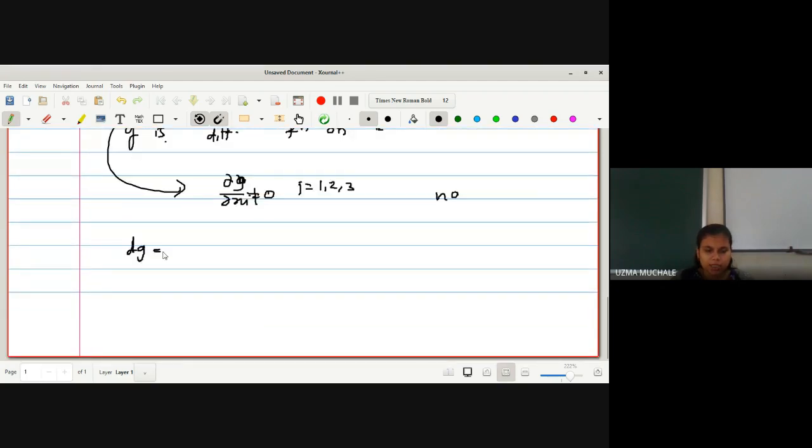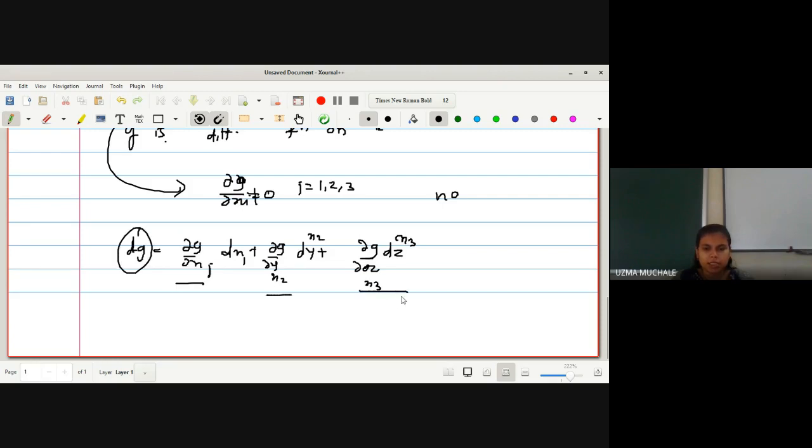If you remember, dg we have written as dou g by dou x dx plus dou g by dou y dy plus dou g by dou z dz, or you can write this with xi: this is x1, this is x2, this is x3. Okay, so if dg is not equal to 0, you want to say these are non-zero.